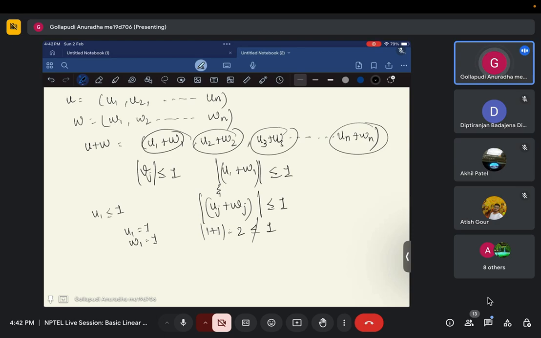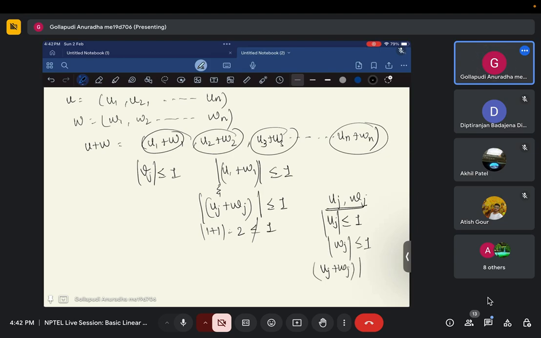So it may exceed, right? So the values of uj and wj, though they are following this constraint, this may not be true.